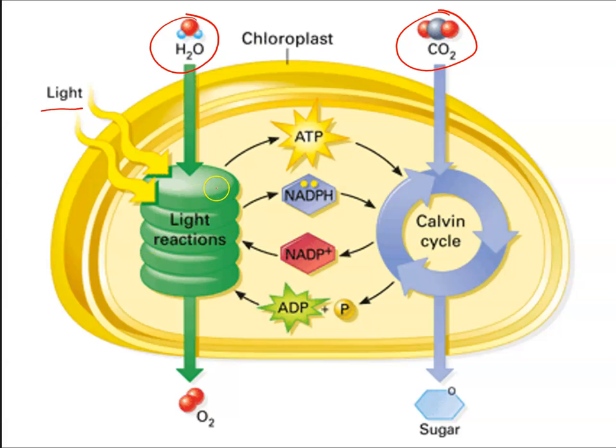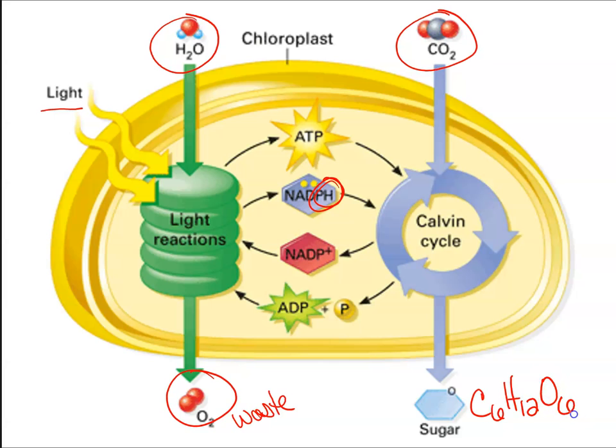And in the light reactions, that water molecule is actually broken apart, and those oxygens are released as waste. And those hydrogens show up here. Those hydrogens from the water go over to this part of the process. And then we have our carbon dioxide that goes in, and we build a sugar.